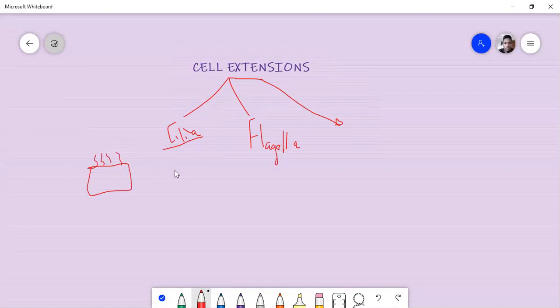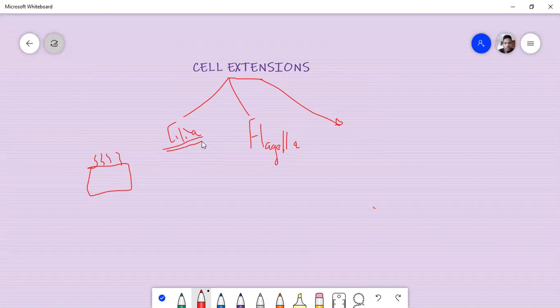Just like your fallopian tube, it would move the oocyte. So what you have to know about cilia is that it just moves the particles or the molecules that are on top of that particular cell, right?